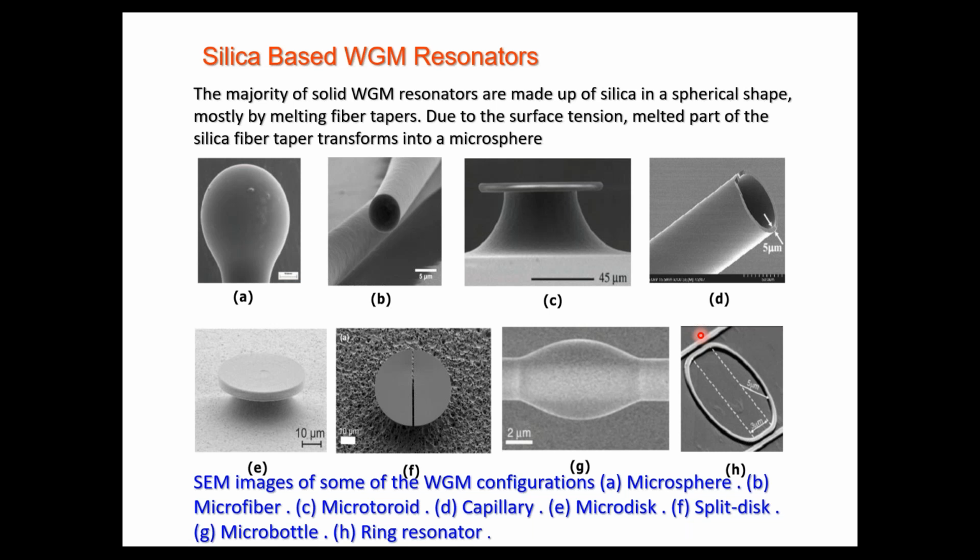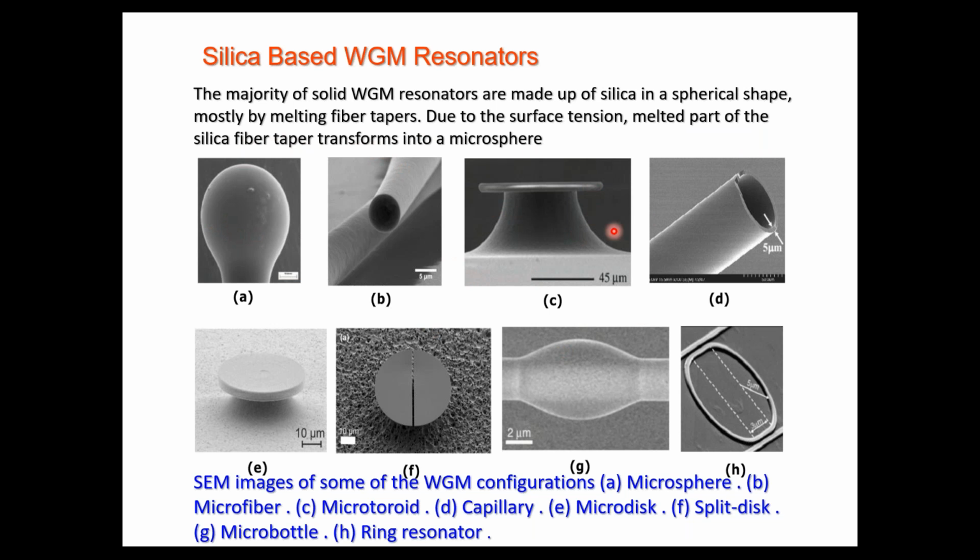So you have optical fibers readily available from the market, and you can melt the tip of that fiber so that it forms something like this, a spherical shape. And as I mentioned earlier, this structure offers the maximum Q factor, and it is also easiest to fabricate this kind of spherical structures. Due to the surface tension, the melted part of the silica fiber taper transforms into a microsphere.